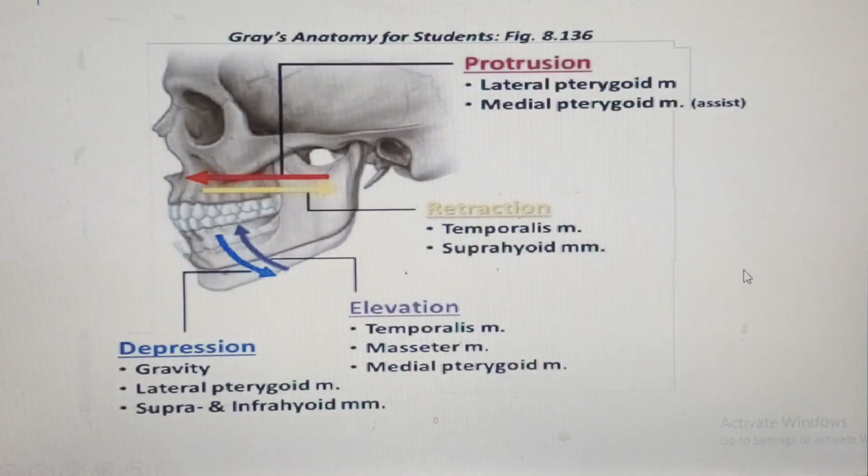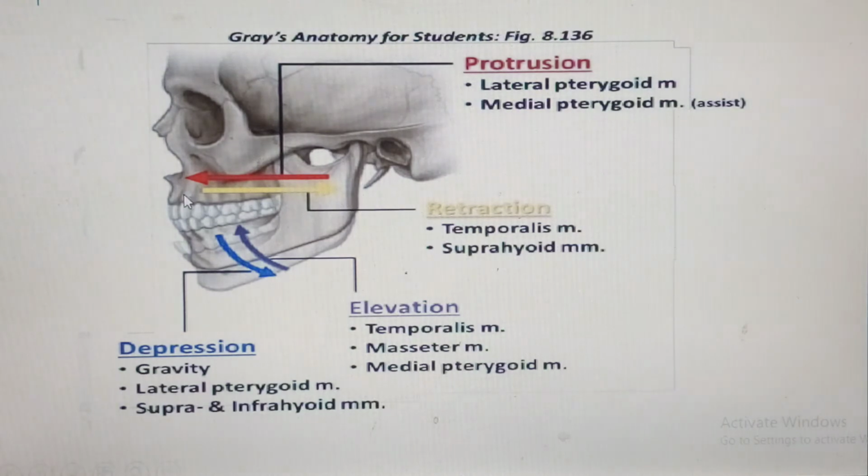As far as the movements of the mandible are concerned, if you push the mandible anteriorly, that is what we call protrusion or protraction of the mandible. We've seen that this is mainly done by the lateral pterygoid muscle, with some assistance from the medial pterygoid muscle.